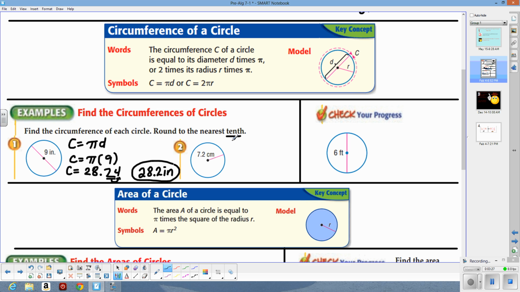The next example, circumference equals pi d. Circumference equals pi times, now the diameter is going to be twice the radius, so 7 2/10. If you double that, you get 14 4/10.